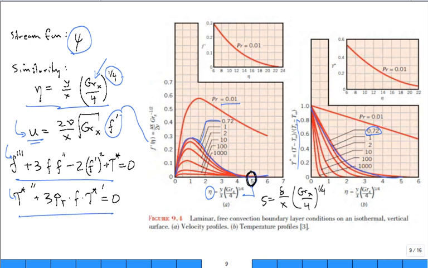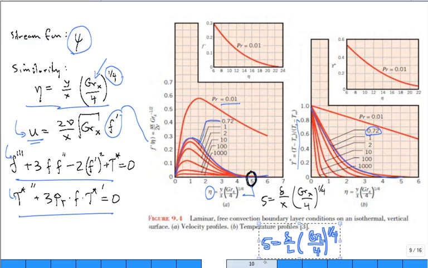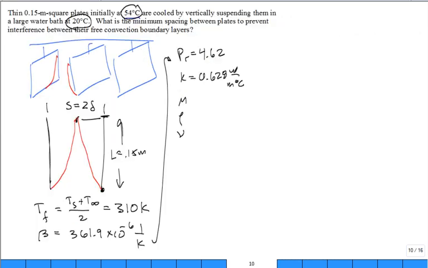But we want to evaluate this at x equal to L. So 5 is equal to delta over L, times the Grashof at L divided by 4, to the 1/4 power. So let me just grab this, edit, copy, come over here, edit, paste.